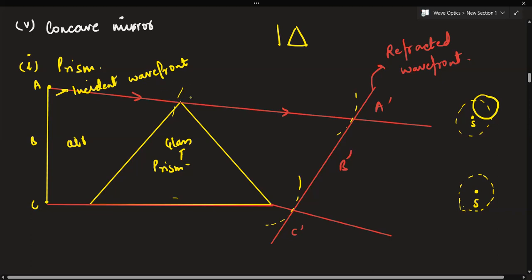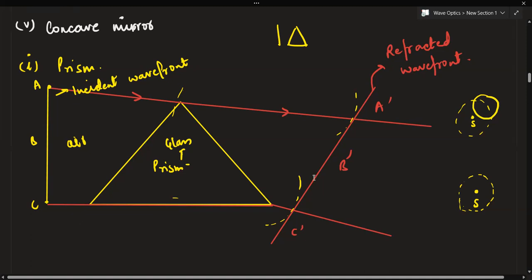So the speed that is slowed down is the least, means the speed is maximum, because more part of the rays have been covered in air only and speed is more in air. So that's why they travel through a greater distance. That's why this explains the tilting of the refracted wavefront. Understood? That's why tilting of the plane wavefront occurs after refraction through a glass prism. Yes, teacher.